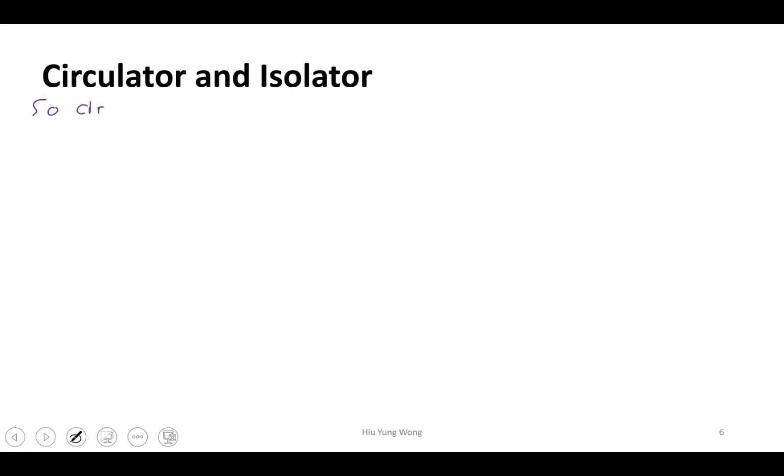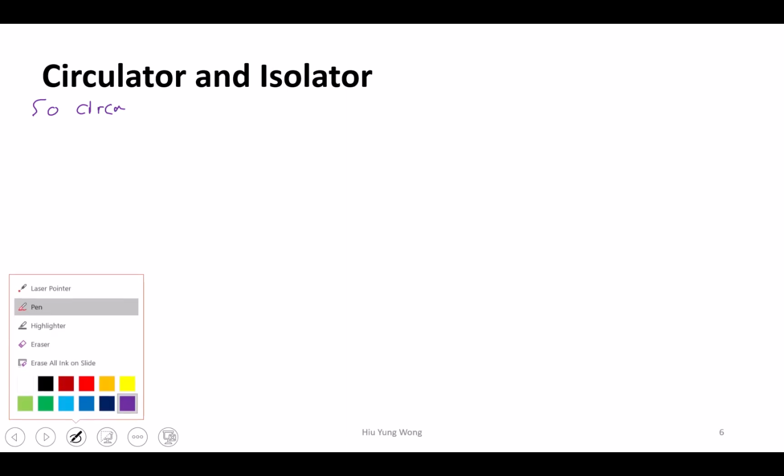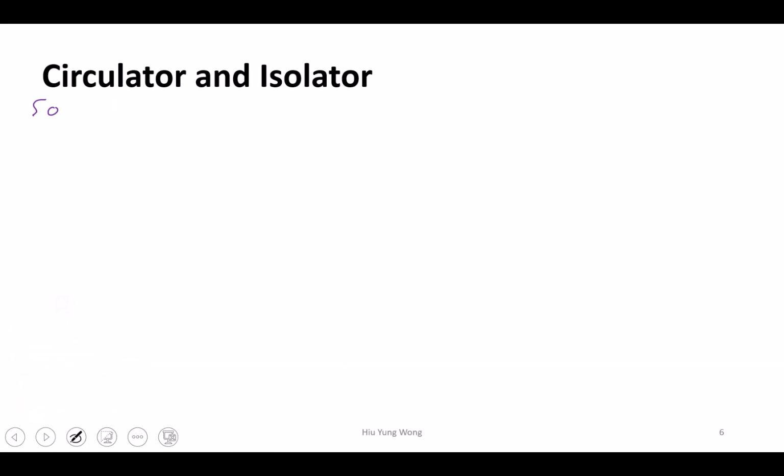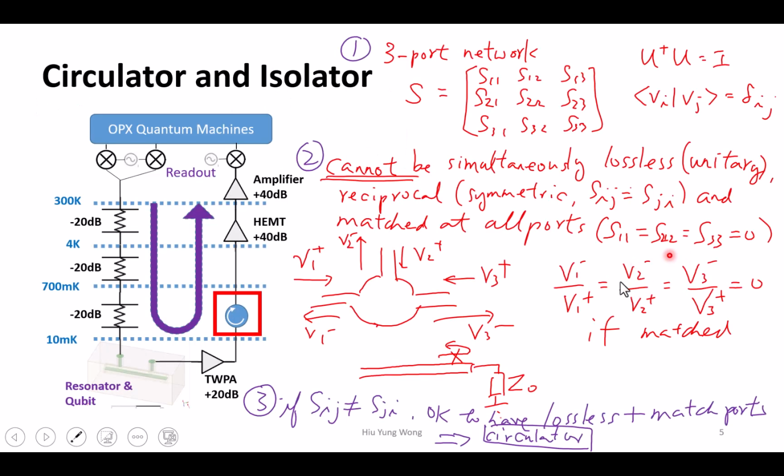So in a circulator, it is okay not to be symmetric. We just say that it is lossless and also matched. We can make it match by attaching some external loading. When they match, it means S11, S22, and S33 are 0, because there is no reflection.